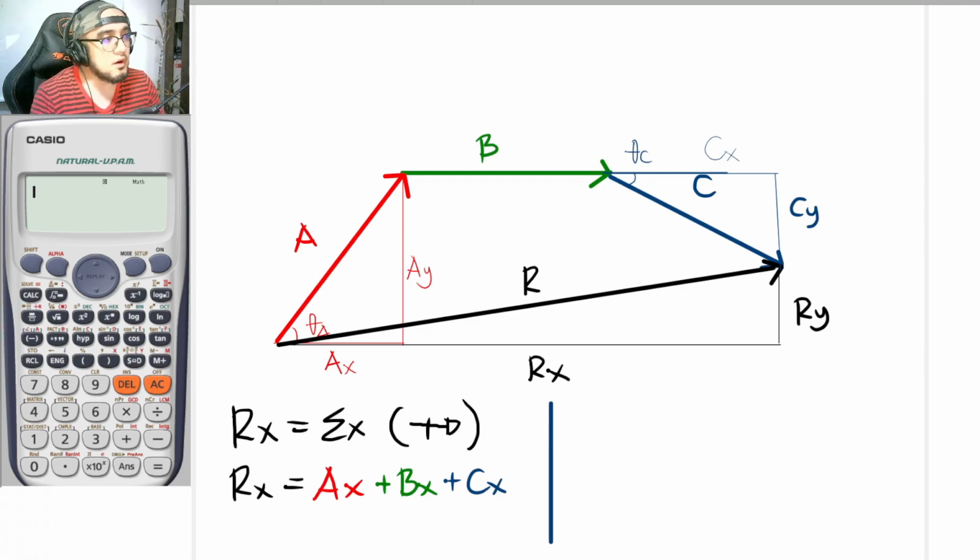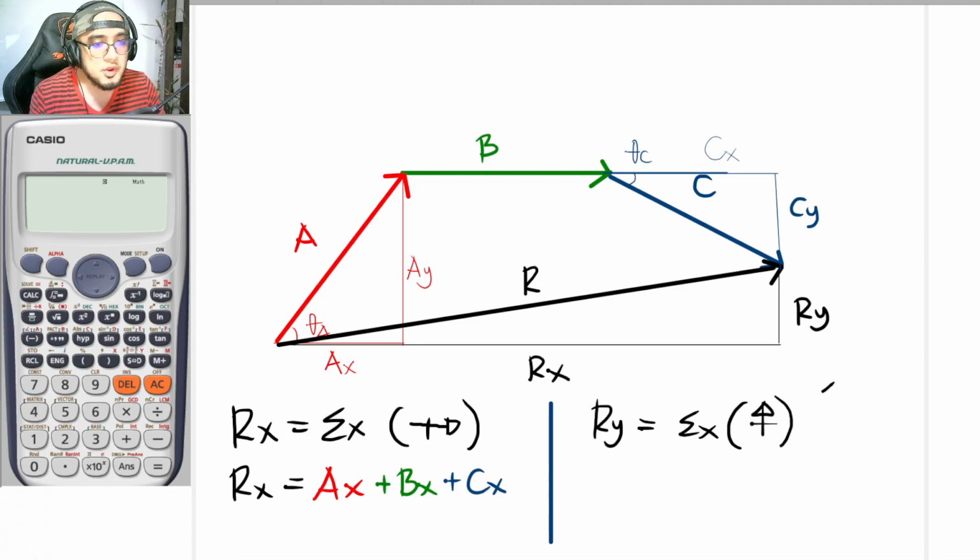What about your Ry? For your Ry, once again, that is equal to the summation of the y components, and I will be considering upward as positive. Once again, it will be up to you on your sign convention. Ry is now equal to, for your A, its vertical component is going upwards, so that is Ay, thus positive Ay.